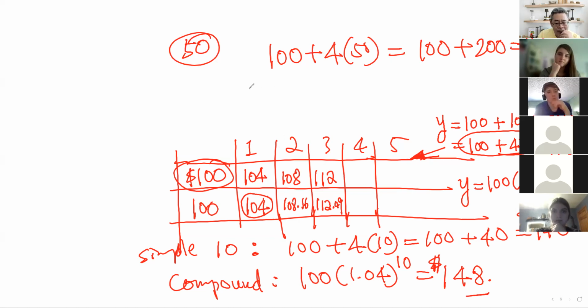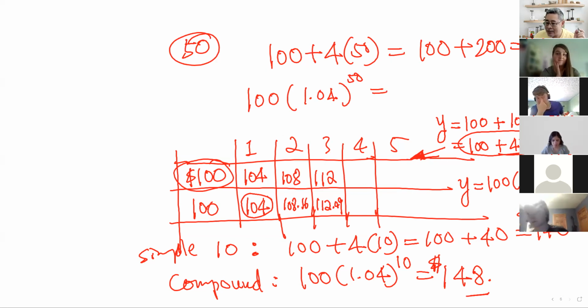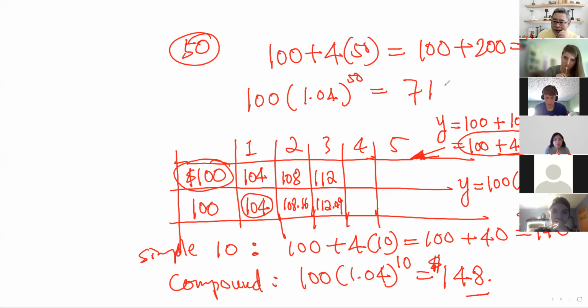But for compound interest, it's 1.04 to the 50th power. What's that? I don't know. Okay, we got 710. Whoa. Now you see the difference. More than doubled.